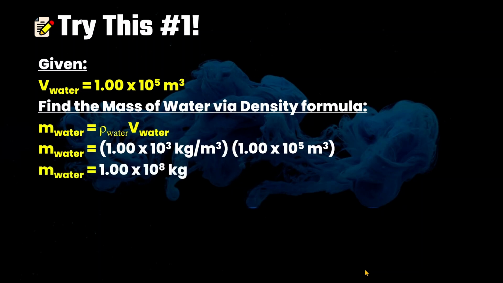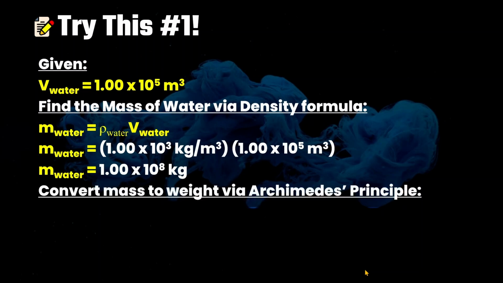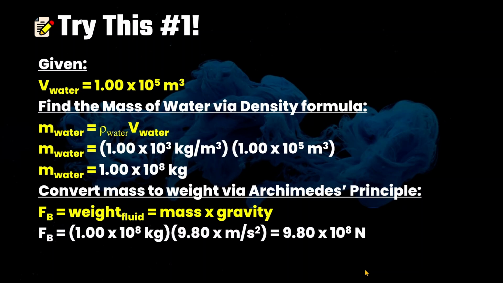So the mass of water is 1.00 times 10 raised to 8 kilograms. The last step will be conversion, converting this mass into force or weight. Again, in order to convert mass to weight, just multiply it by acceleration due to gravity, 9.8 meters per second squared. The answer is 9.80 times 10 raised to 8 newtons.